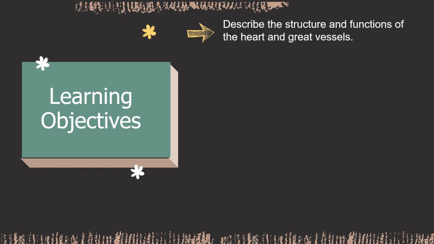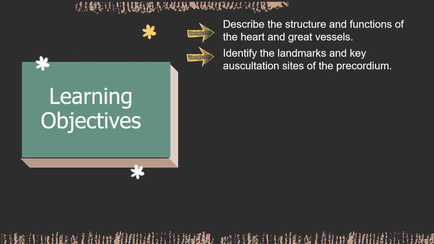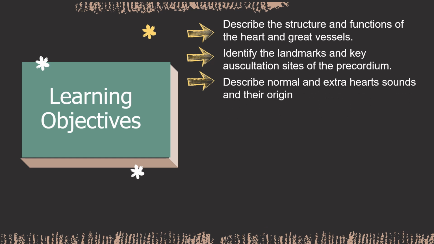So these are the learning objectives of this presentation. At the end of the topic, the student will be able to describe the structure and functions of the heart and the great blood vessels. Identify the landmarks and key auscultation sites of the precordium. Describe normal and extra heart sounds and their origin.